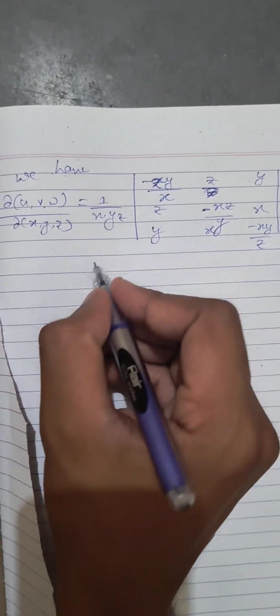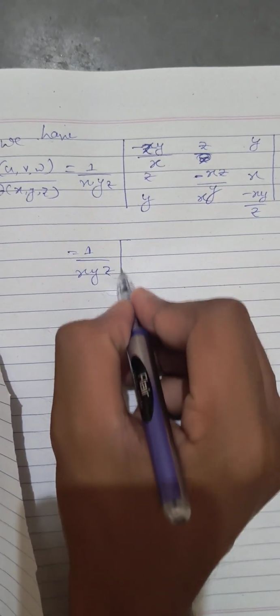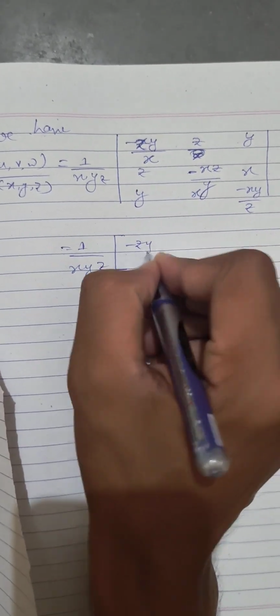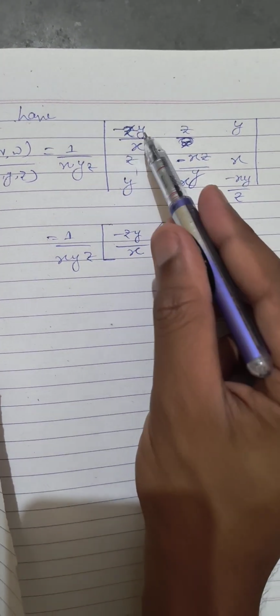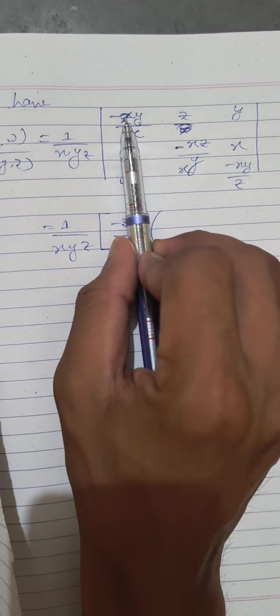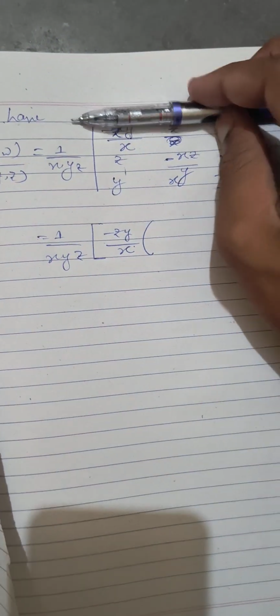So now we have this determinant. Expand along the first row now. The x, y, z stay as they are. To expand this determinant along the first row, keep the first element as it is, minus zy divided by x, in the bracket. Skip the first row and first column.